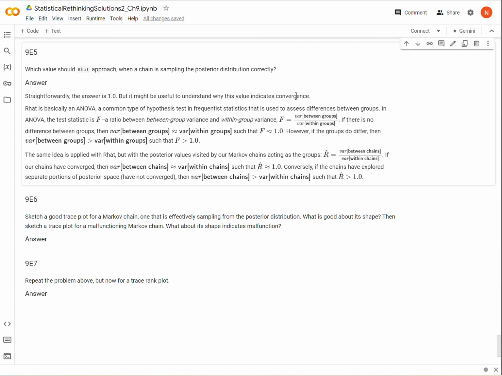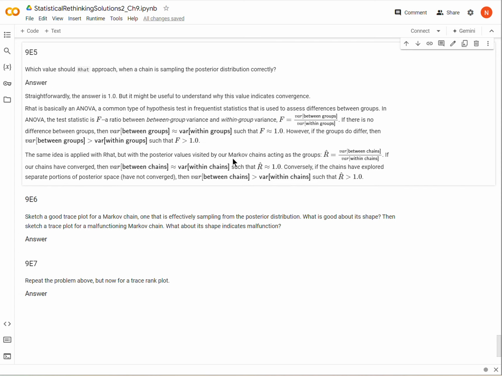Well, this is what R hat is doing basically. But instead of assessing groups, what takes the place of groups is the values of the posterior distribution that are visited by each chain of our model. In our models, we're generally running multiple chains, and each of these chains is traversing posterior space.